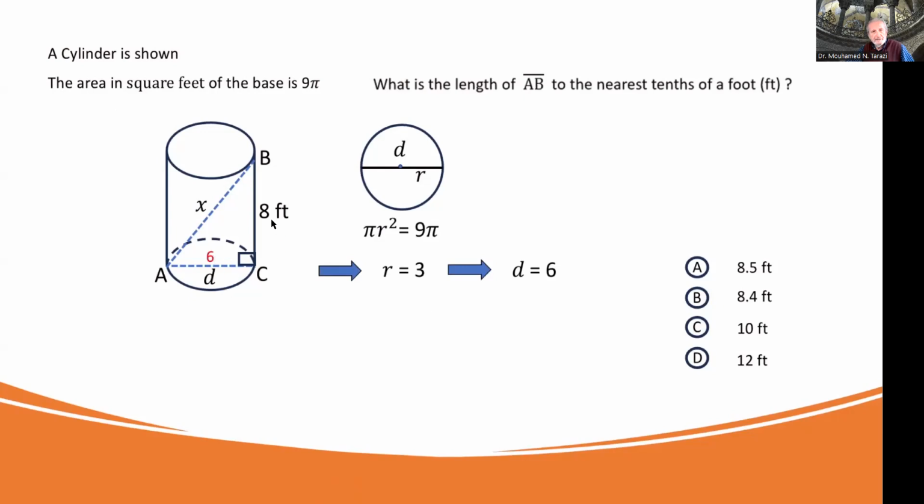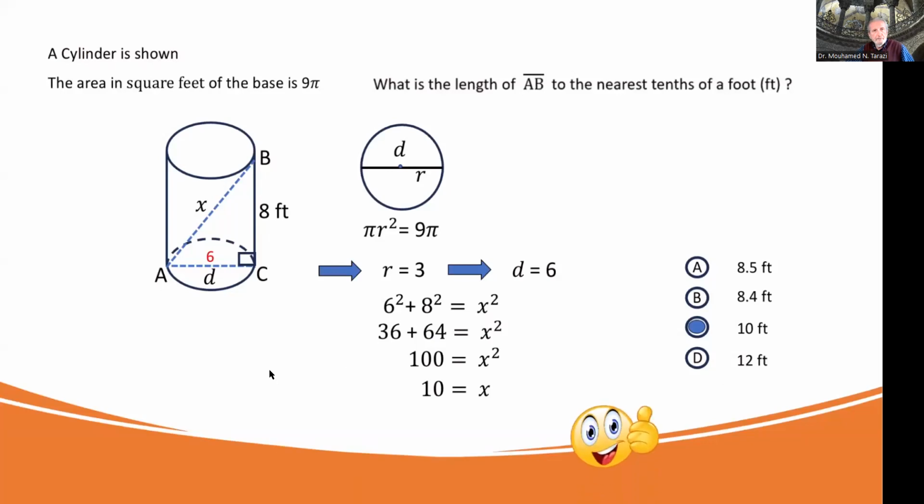So this is 6, this is 8, and now I can easily find X. 6 squared plus 8 squared is equal to X squared. 36 plus 64, 100 is equal to X squared. Then X is equal to 10. It so happens it's one of these options. 10 makes sense.